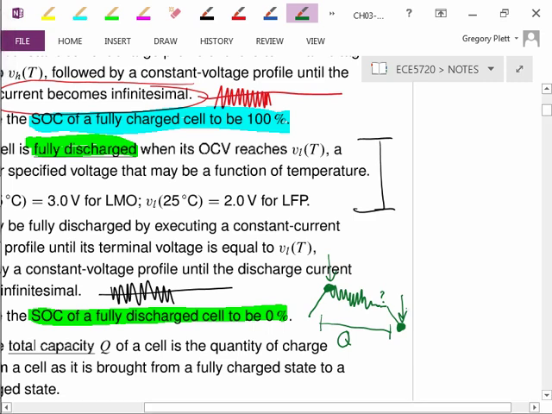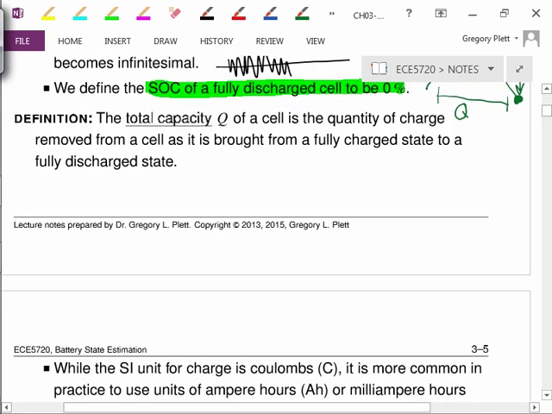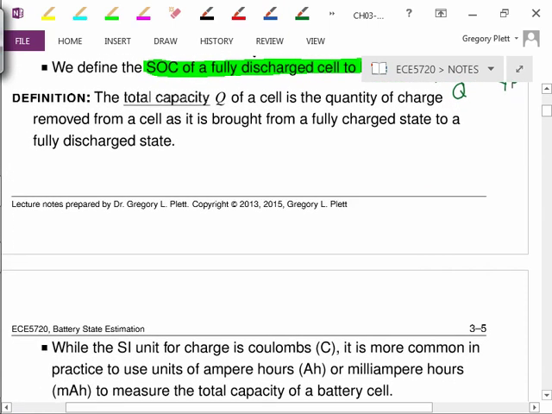So the methods that we talk about here rely on a fully charged point. They rely on a fully discharged point for a laboratory setting. Can't reproduce that in the application, but that's okay.